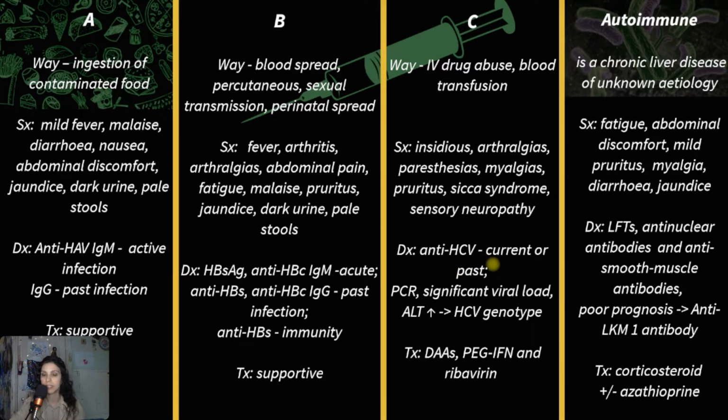Okay, diagnosis is anti-HCV, current or past, and also when we have to treat it. When PCR is positive, with significant viral load and elevated ALT, we have to find out the genotype of HCV, because depending on this genotype, the treatment will be different.